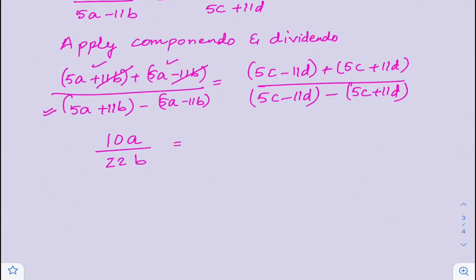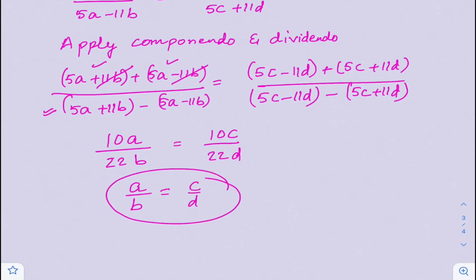Here also we are getting 10c, and in the denominator we are getting 22d. So 22 and 10 get cancelled from both sides, and ultimately a upon b equals c upon d, and this is what we are supposed to prove.